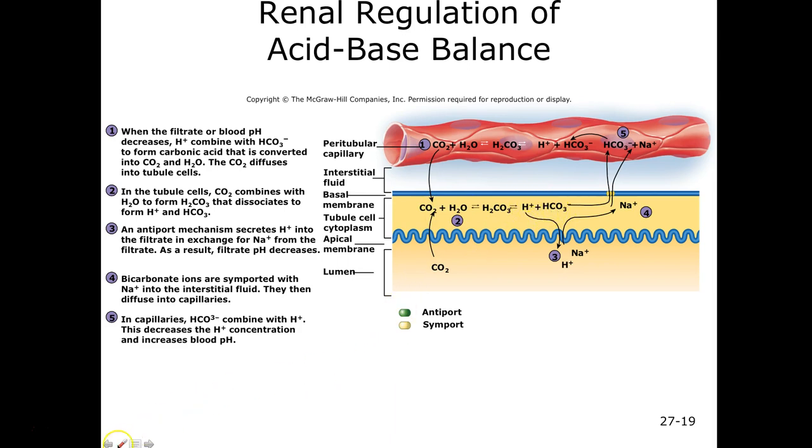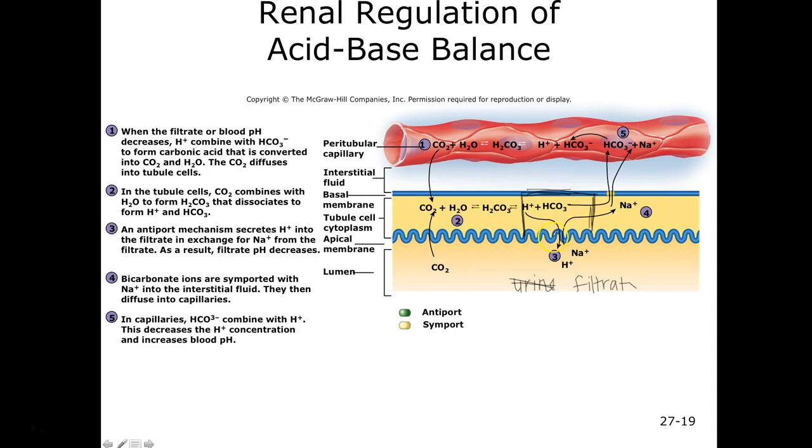What happens after that is within our kidney tubule, and I'm just going to add our lines here. Remember we said we have that cuboidal cell, so I'm going to make this a cuboidal cell. And this is the lumen of our kidney, so this is where we're producing filtrate.